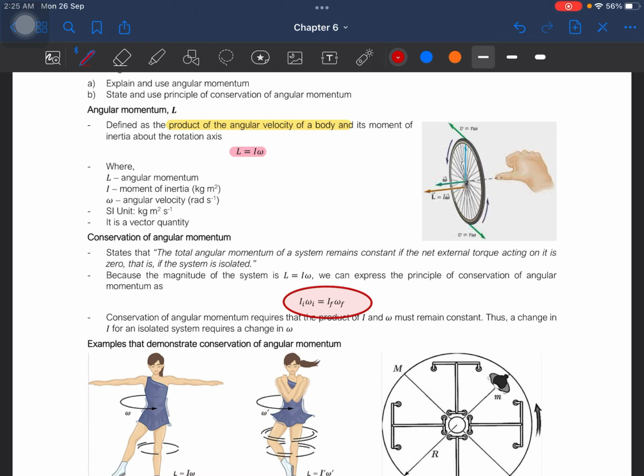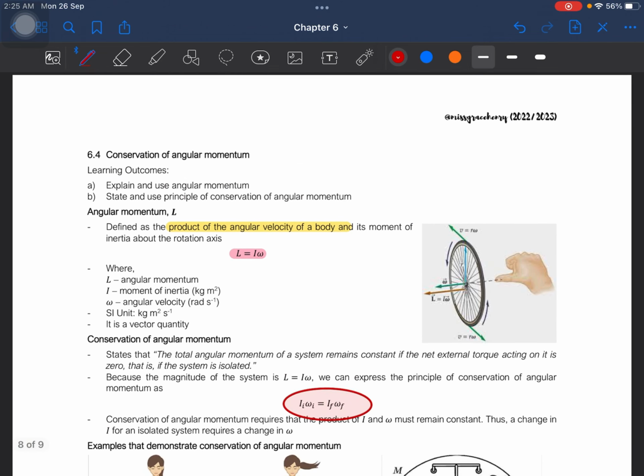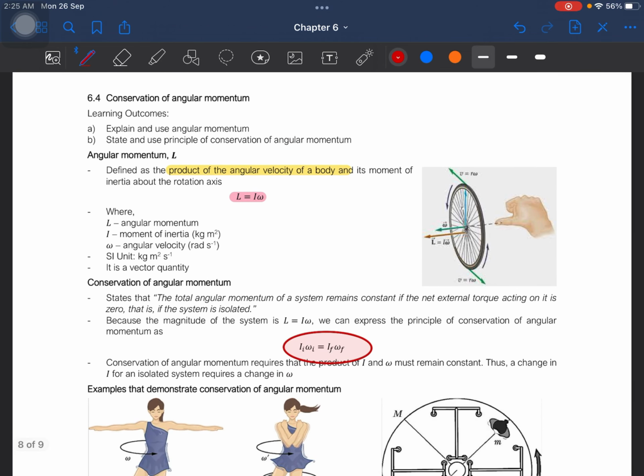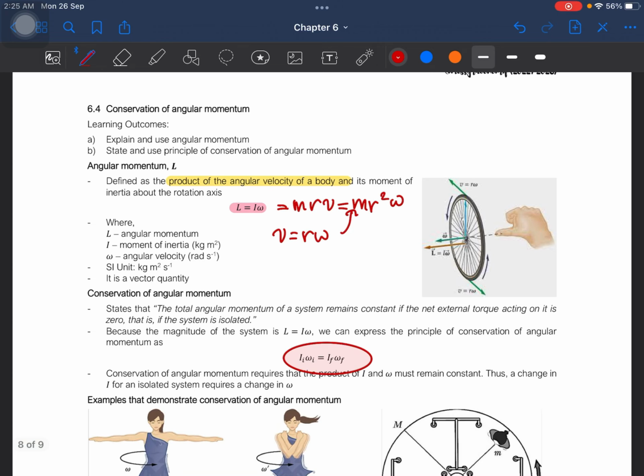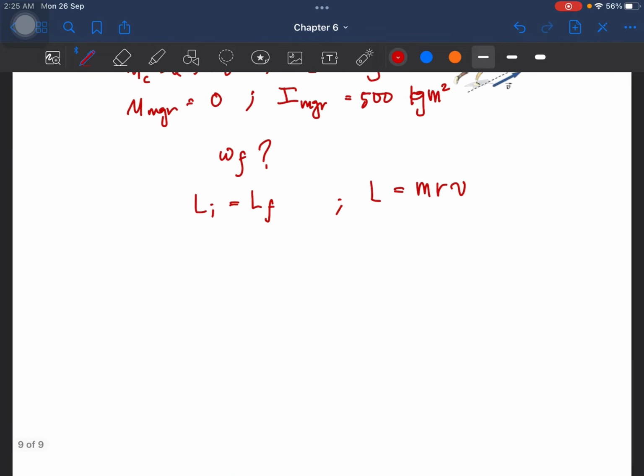You need to know that L is equal to mRv, oh tambah di sini je lah nanti. And then since v is equal to r omega, we can substitute in terms of omega. Okay, ini pun formula dia juga. Sudah ada. Nanti I'll add that into your notes lah. I guess you have to download back the notes sebab saya sudah upload tadi.